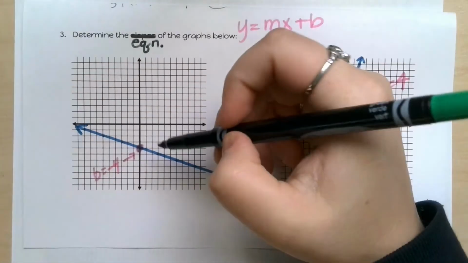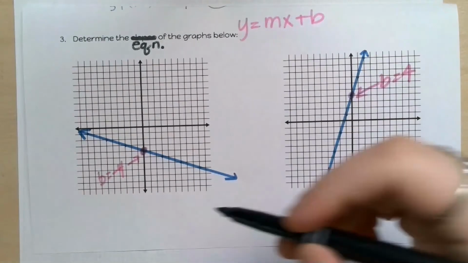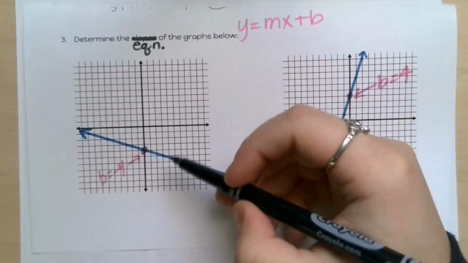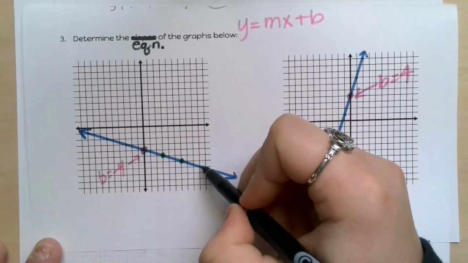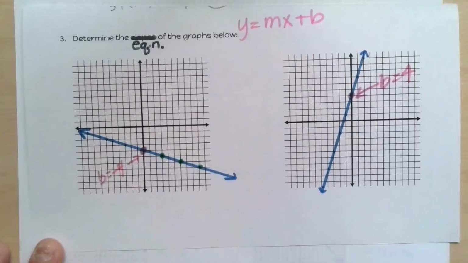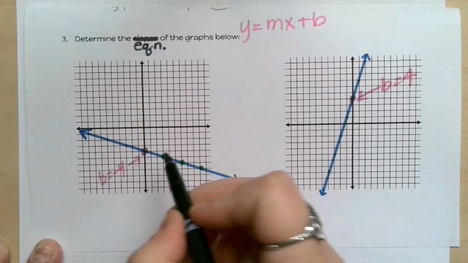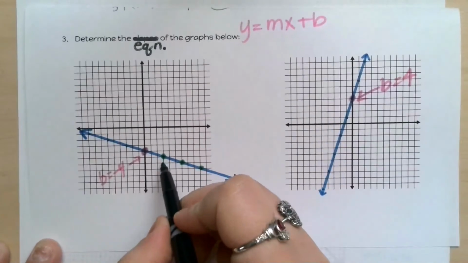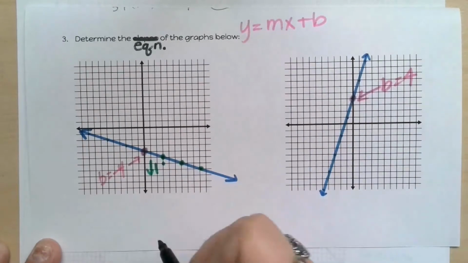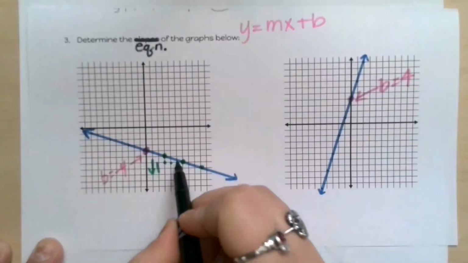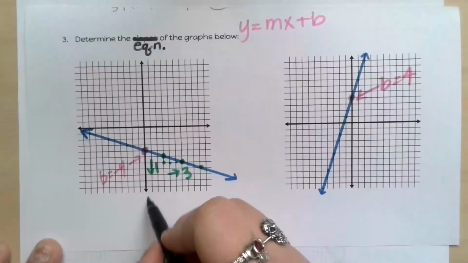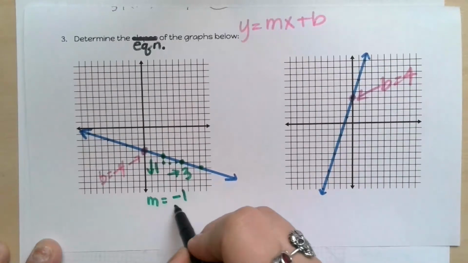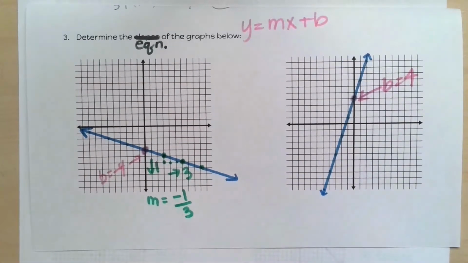Remember, you always want to pick points, if they're not already perfectly identified for you, that hit exactly in the corners of these grid lines. Okay, so if we go between these 2 points, we go down 1, and then we go over 1, 2, 3. Down 1 over 3, and since we went down, that's a negative 1, so our slope is negative 1 over 3.